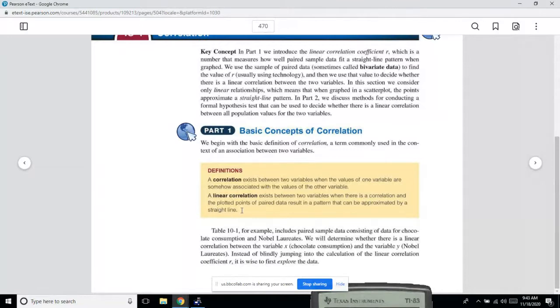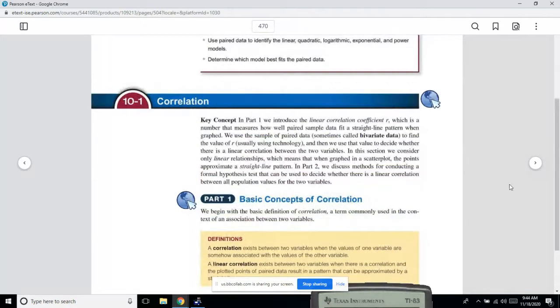Linear and line are one and the same, so linear correlation is the strength or the straightness of that line when those pairs of data are plotted. So in particular, we're going to talk about a linear correlation. I'm just going to go to our next page.